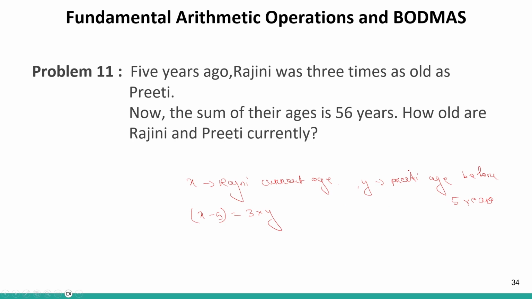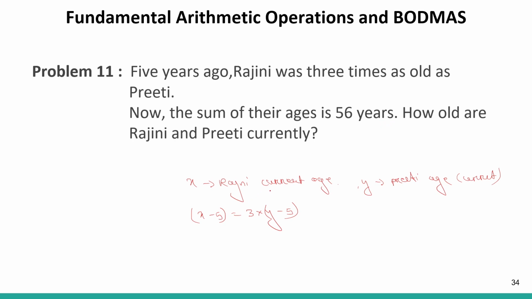So let Preeti's actual current age be Y. If it is current, what we need to do is minus 5, then it will be valid. Before 5 years ago, Rajani's age was 3 times the age of Preeti. Now the sum of their ages is 56 years.